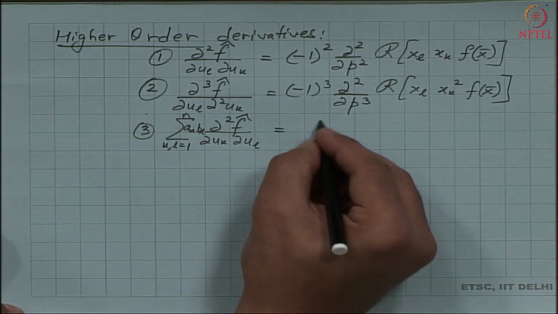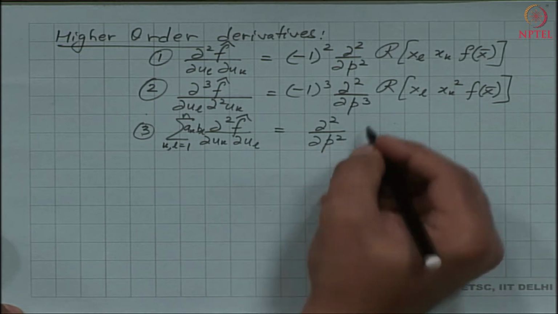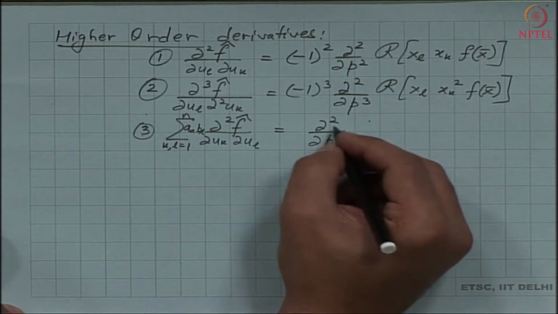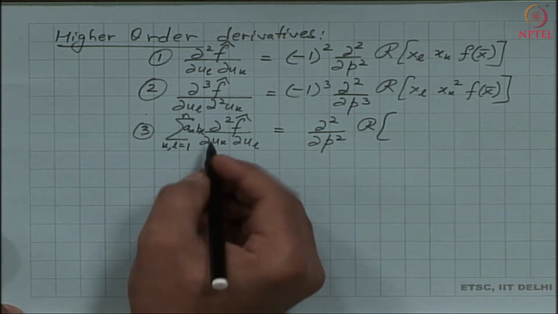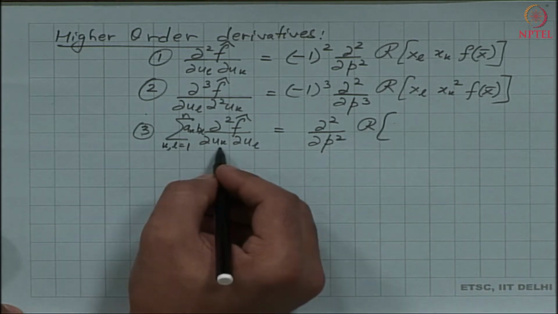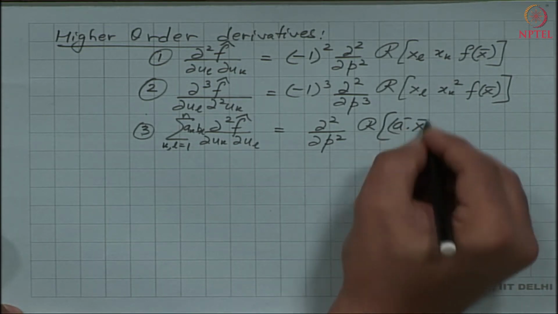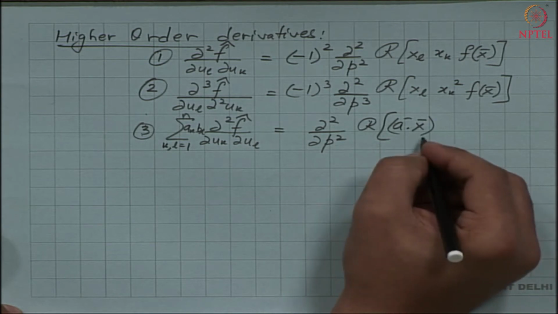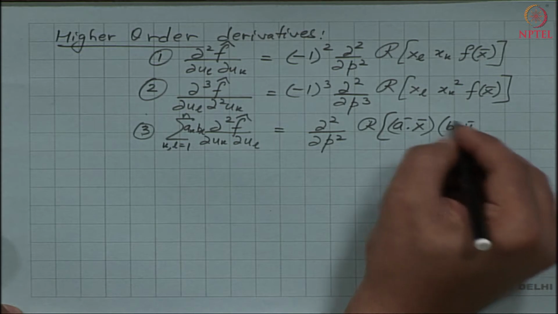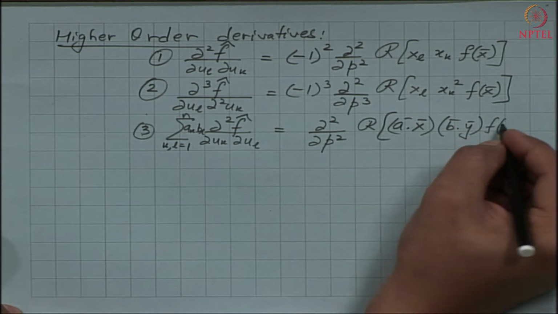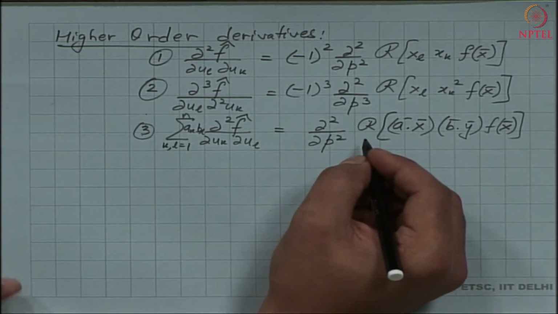This is also equal to the Radon transform, with respect to p, of the following function. Notice that these are the corresponding direction cosines. So, I get the corresponding expression on the right hand side: a dot x, b dot x, times f(x). Okay. So, that is the second derivative.